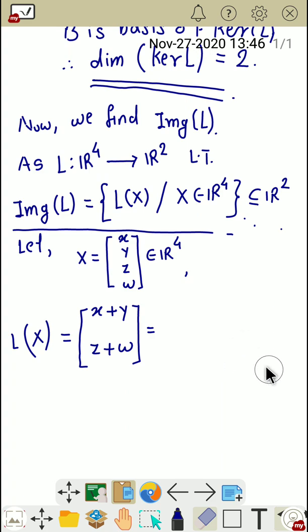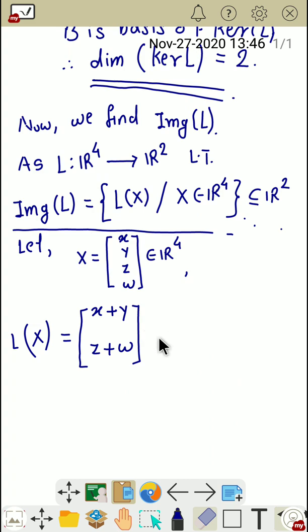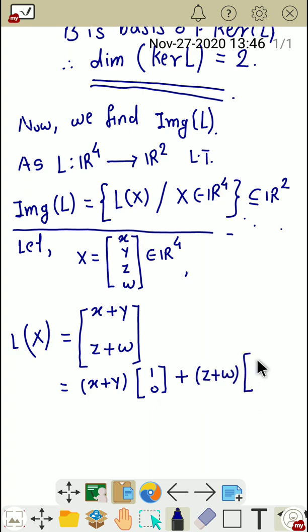So this vector I can write as a linear combination of these two vectors: (x plus y) times (1, 0), and plus another vector (z plus w) times (0, 1). Okay, so L of x is generated by these two vectors (1, 0) and (0, 1).